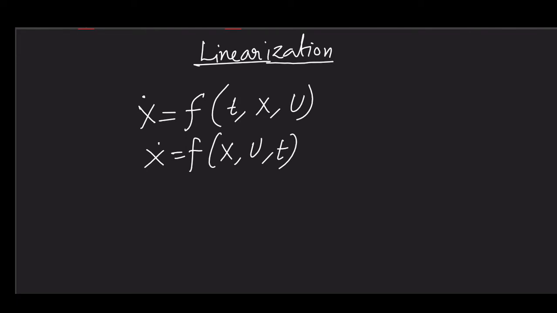Either way, it is your choice how you define your function and the order of the arguments, and accordingly your function definition would change. If you write this, then your function will be something like this.